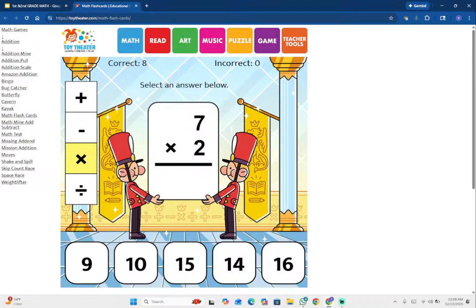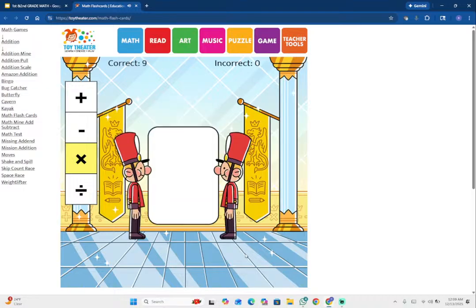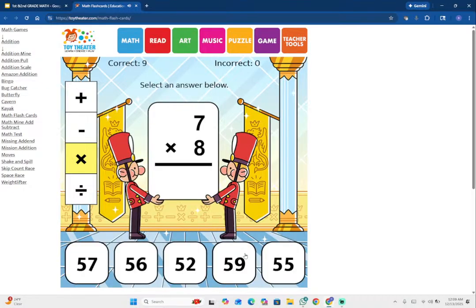Two sets of 7. So 7 plus 7 is 14. We've done this one before.